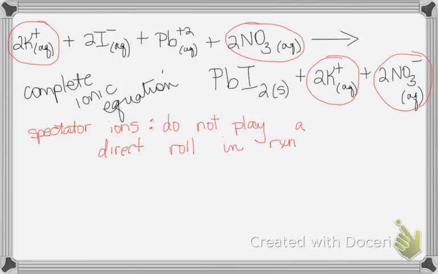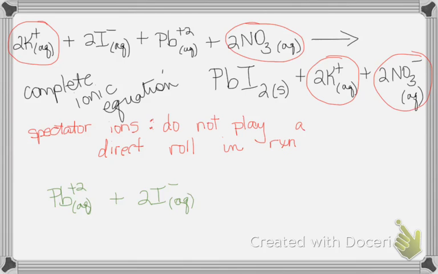So when I cancel out the spectator ions, I'm going to bring down whatever I have left, and I'm going to write that. What is left? There are lead 2 ions left over. There are iodide ions left over.